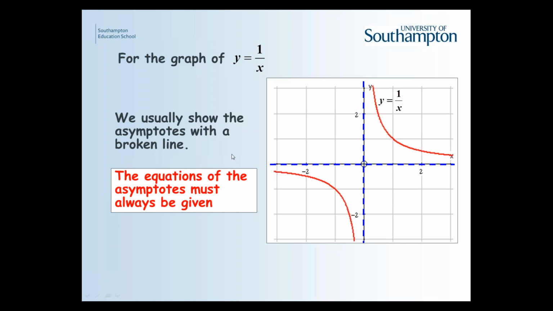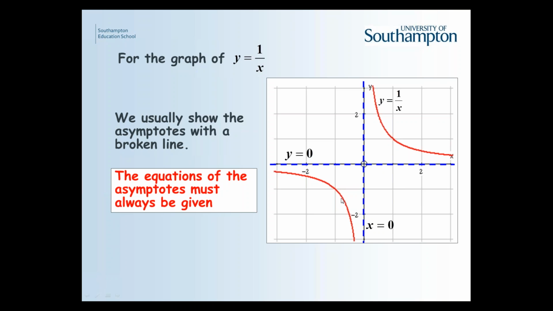We're supposed to write the equations of the asymptotes. So this is the line x equals 0, this is the line y equals 0, and this is the line x equals 0. I don't think they would lose marks for that. I think provided they'd shown the dotted lines in the right place, that would be sufficient. But it's always good to write where they are.